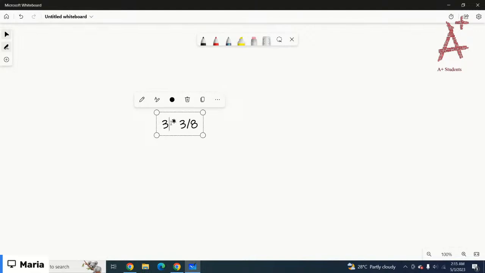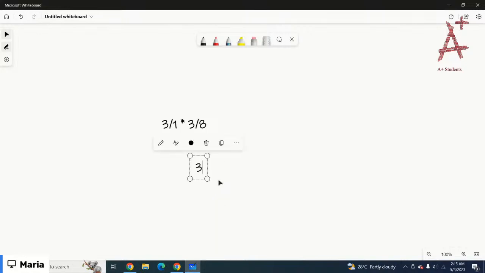You don't have a denominator, because this is a whole number. 3 is the whole number, and 3 over 8 is the fraction. That means the denominator is 1. So it would be 3 over 1 times 3 over 8. So you need to do numerator times numerator and denominator times denominator.